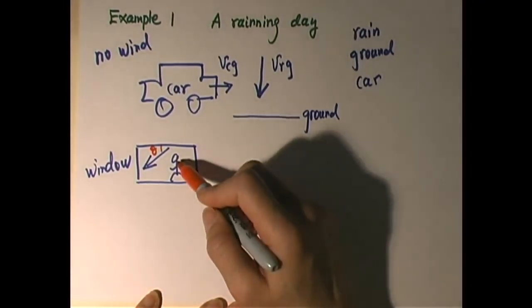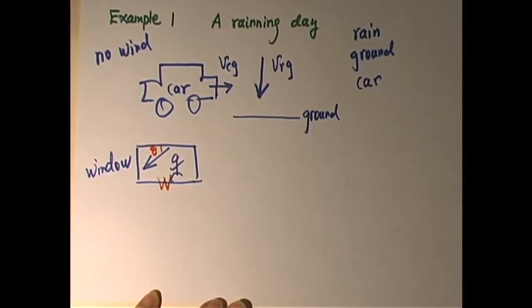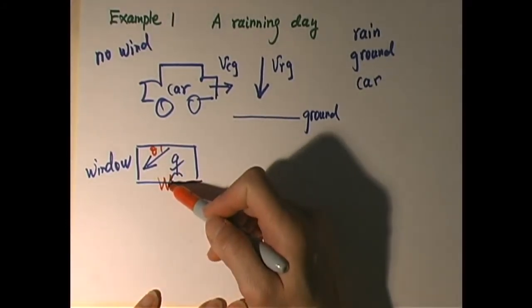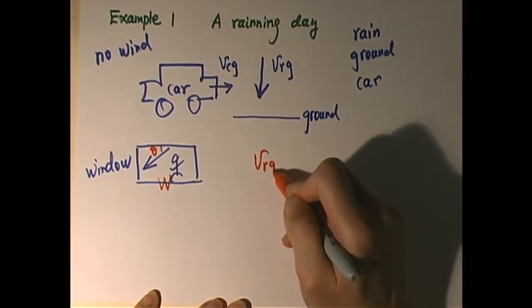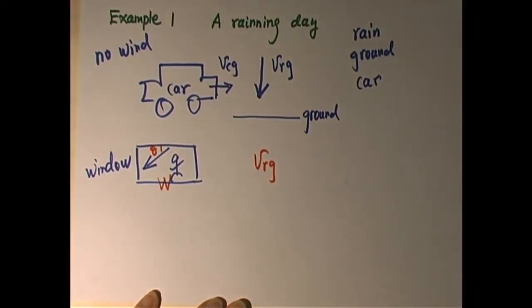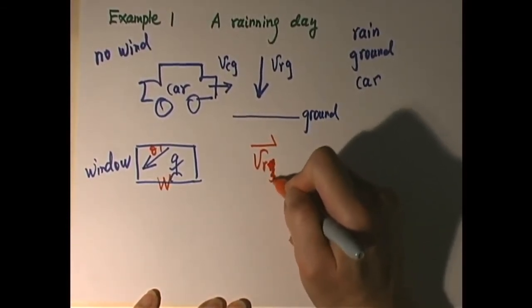What happens? When you look at the rain through this window, you take the window as reference, like a painting frame. So this window is part of the car. What you see is actually V rain with respect to car. So that is V rain to the car.